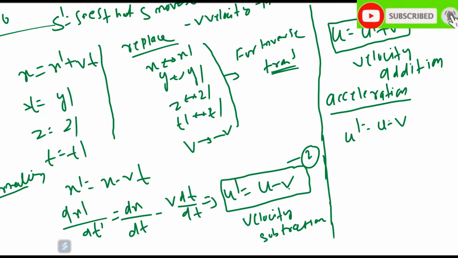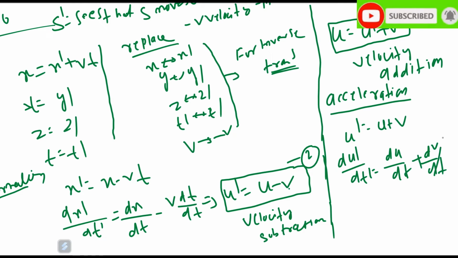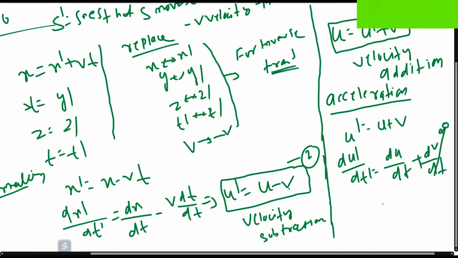Maybe you can write plus minus to combine both, but this will not work, so keep it only plus. Now take one more derivative: du prime by dt prime equal to du by dt plus dv by dt. So this goes to 0 as v is constant.